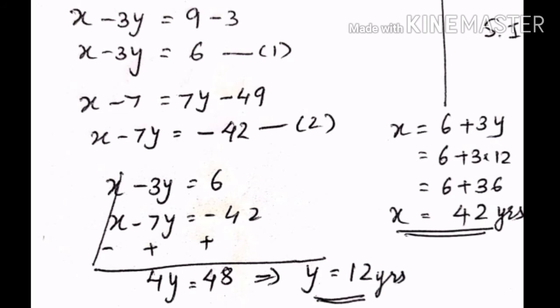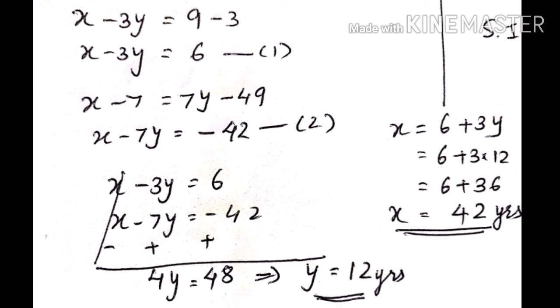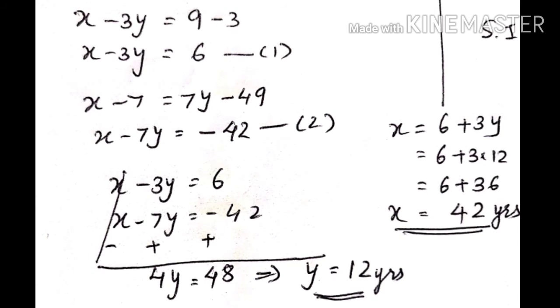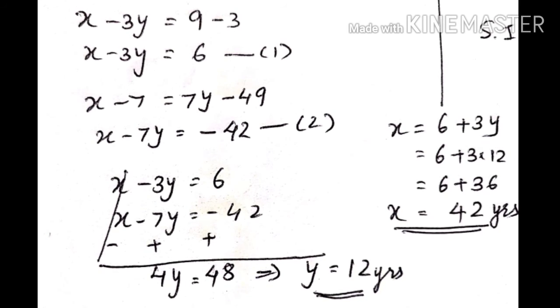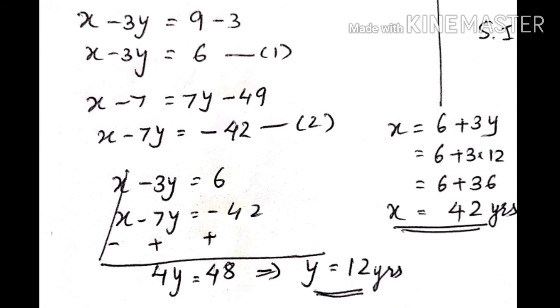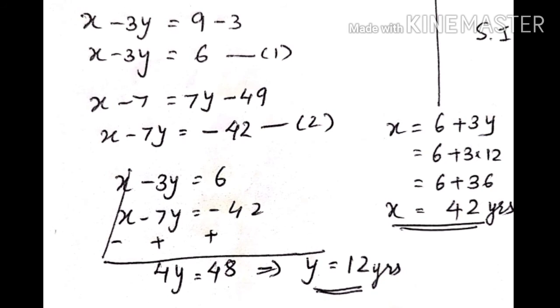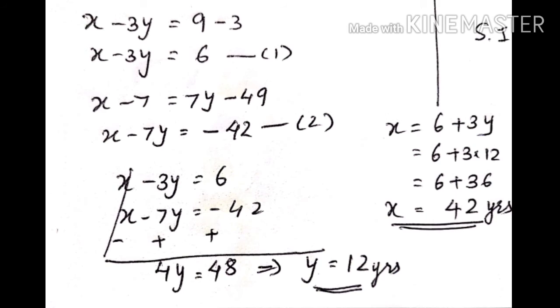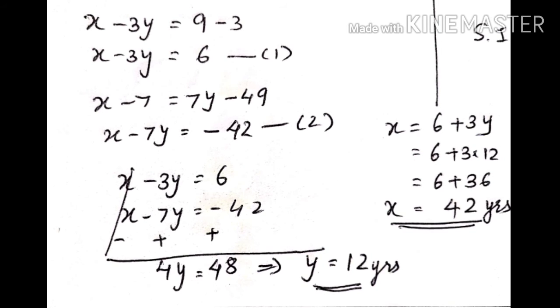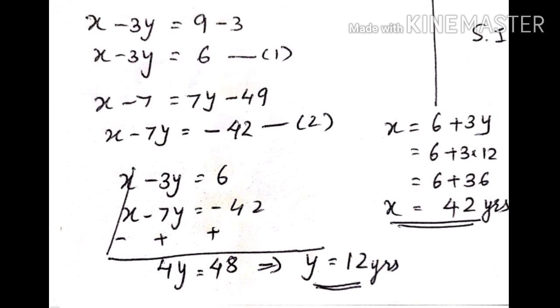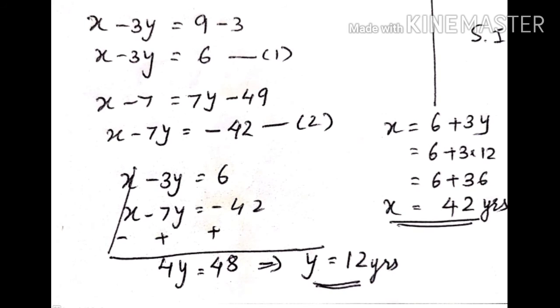So our answer is y is equal to 12 years, which I substitute in the other equation to get our x value. So x is equal to 6 plus 3y, that is, by substituting y, 6 plus 36, and the x value is 42. So the present age of the father x is 42 years, and the daughter's age is 12 years. This way we found the present ages of father and daughter.